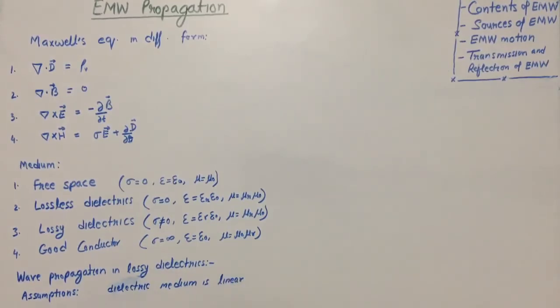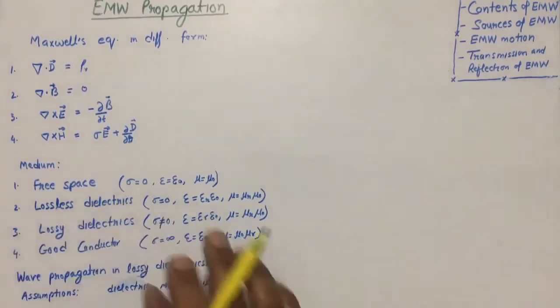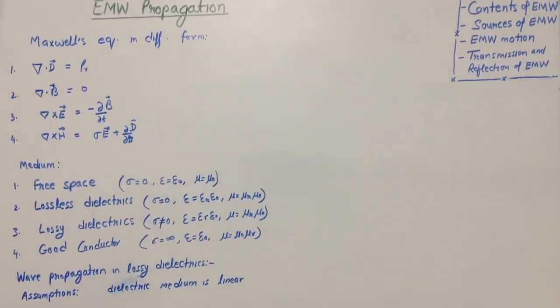Linear means the total electric field in the medium can be obtained by adding the electric fields of all the waves traveling in the medium. That is the definition of linear. The first assumption is the dielectric medium is linear, and the second is isotropic.